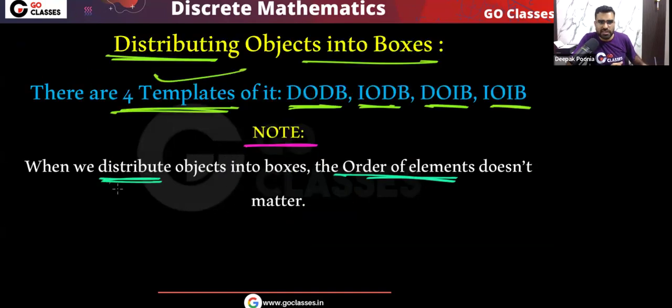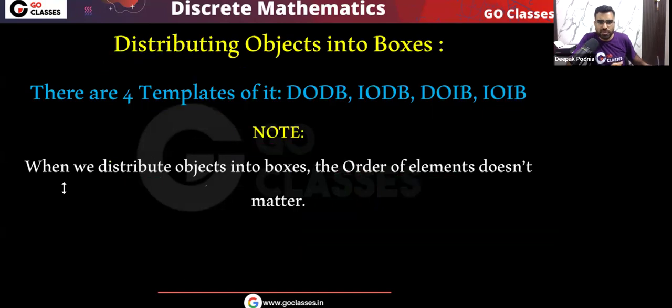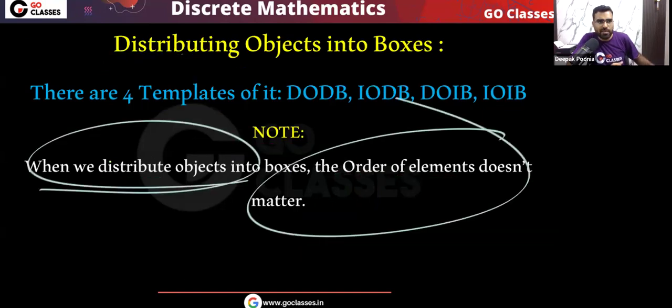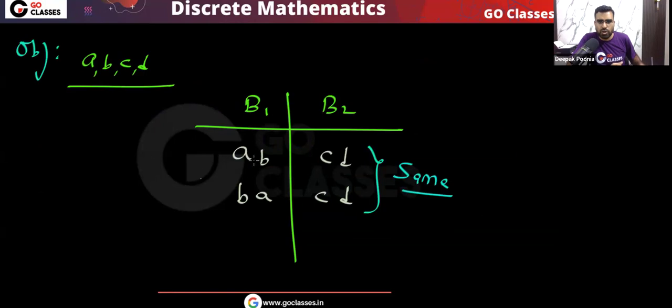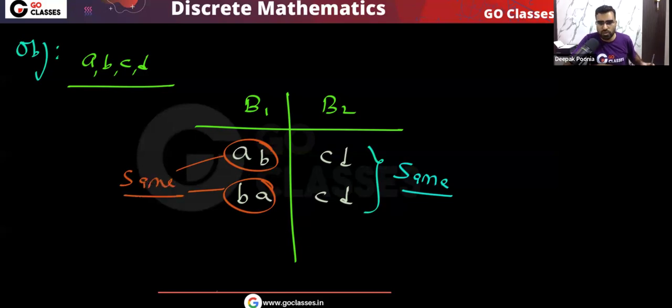So this is what we are saying, that when you distribute objects into boxes, the order of elements does not matter. Whether you put AB or BA, that does not matter. Both are same. Okay, is this point clear? Here you can notice these are basically same. The order of elements does not matter. I hope you understood this point.